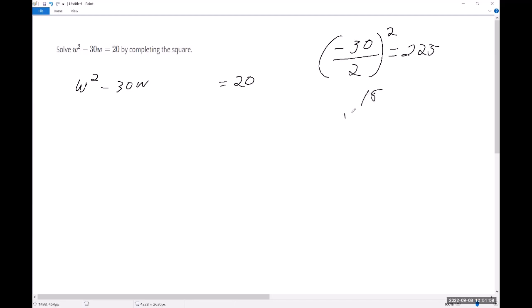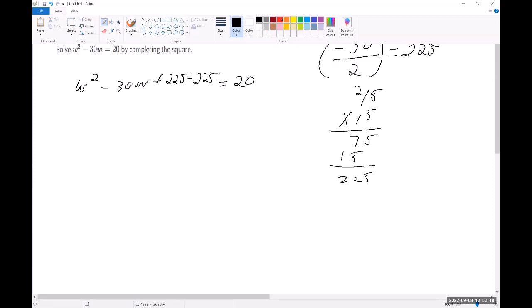Just double check my math. Yeah, 225, just double checking that real quick. So what I'm going to do is I'm going to add 225 and take away 225.